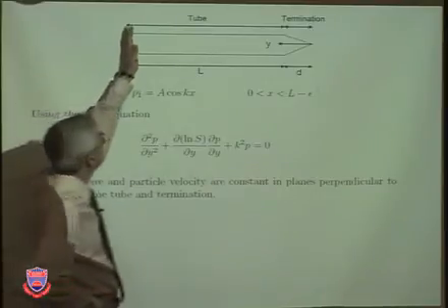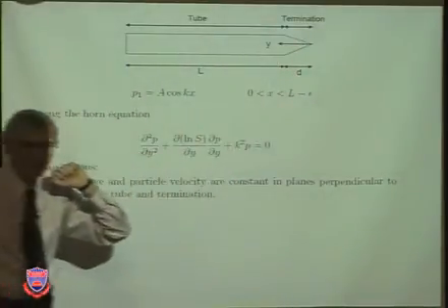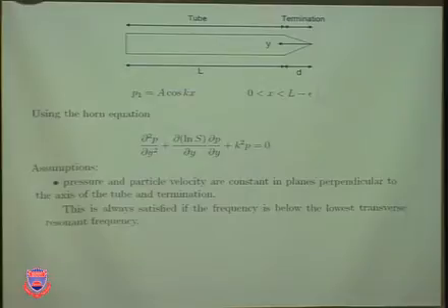So we have plane waves all the way in the tube and also inside the termination, perpendicular to the axis. When do we satisfy that? Only at very low frequencies. Why? At high frequencies, we have different shapes, reflections, particularly at the tube end.